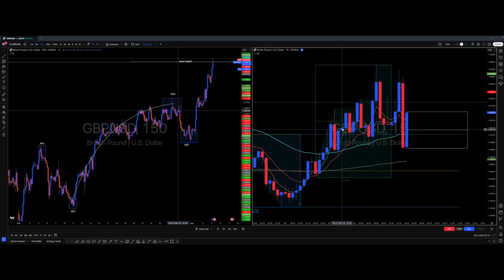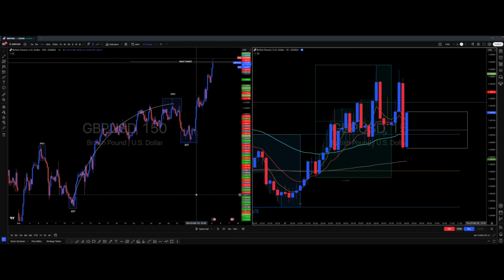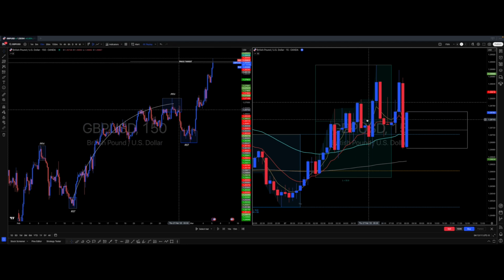All these could be first legs. You don't have more than 2 candles between first and second leg, which is not ideal. You want the more legs that you have between the first and second leg, the better for your M or W patterns. So you don't have that kind of structure here during the London session.